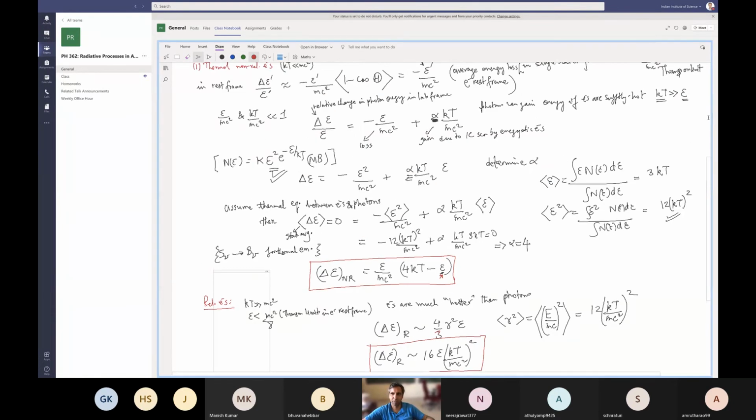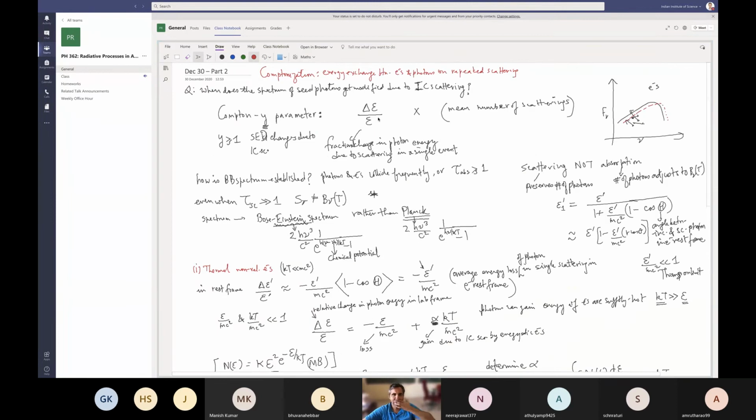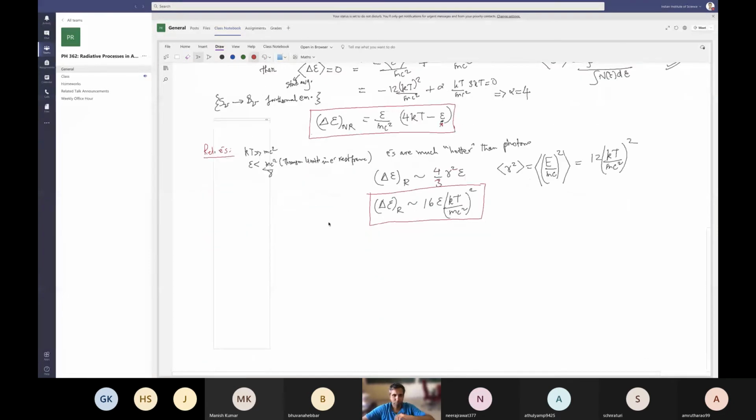If you recall, the program that we are following is we want this one, and we have calculated this for relativistic and non-relativistic thermal distributions, and now we are after the mean number of scatterings. What about the mean number of scatterings?